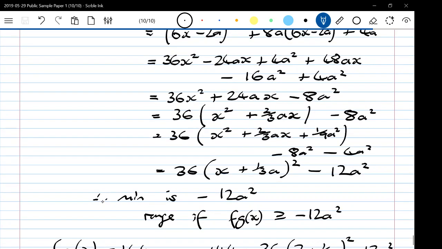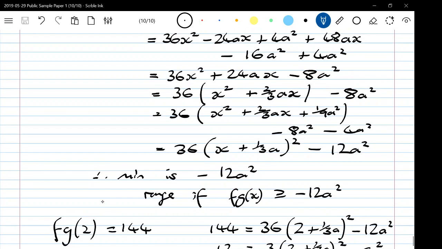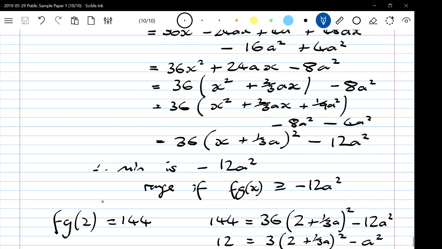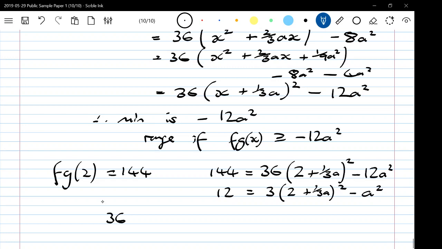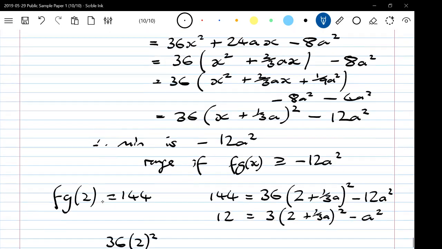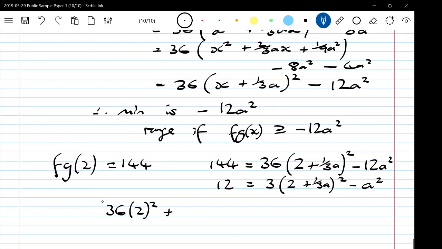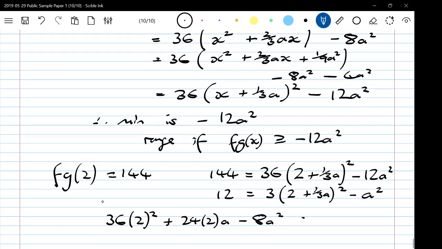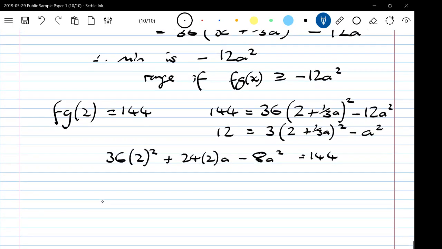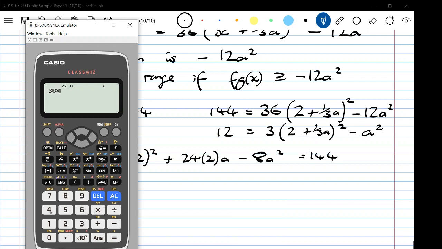It's not very nice. I might have been better not doing it in completed square form. I would definitely have been better doing that. Let's backtrack a little bit and say 36 times 2 squared, plus 24 times 2 times a, minus 8a squared is 144. That's better, isn't it? So 36 times 4 is 144, got that on both sides.